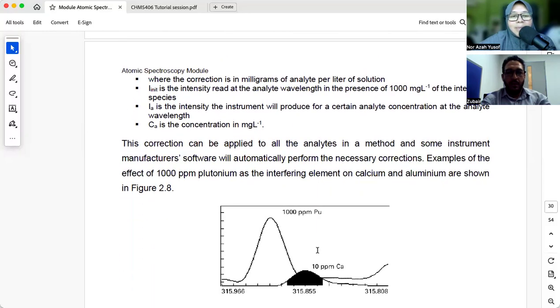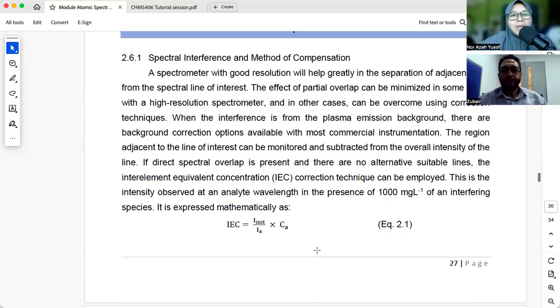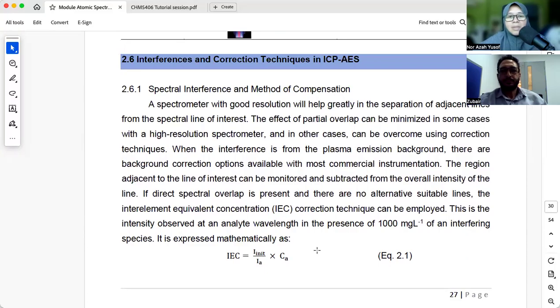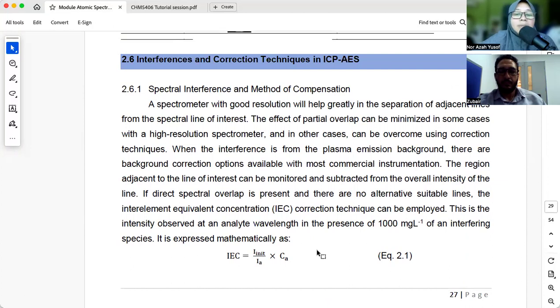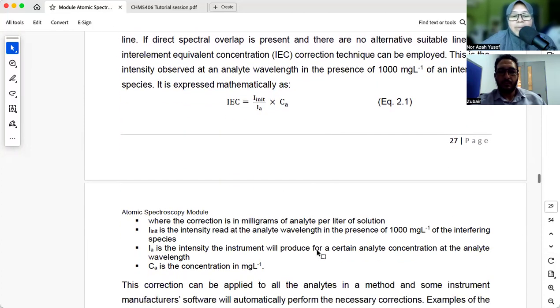All right. This is what we call spectral interference. We did discuss about spectral interference and chemical interference last week. This is something usually already solved by the supplier of the machines, so we don't need to really worry about that.